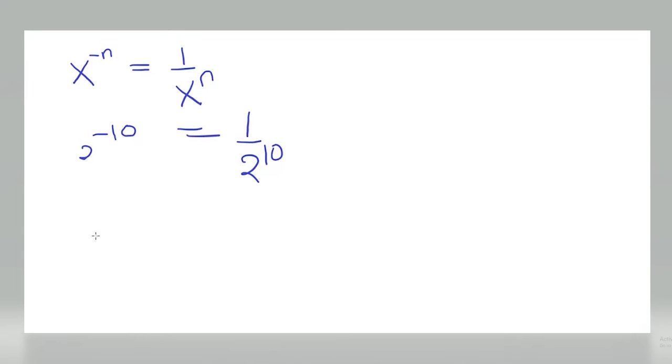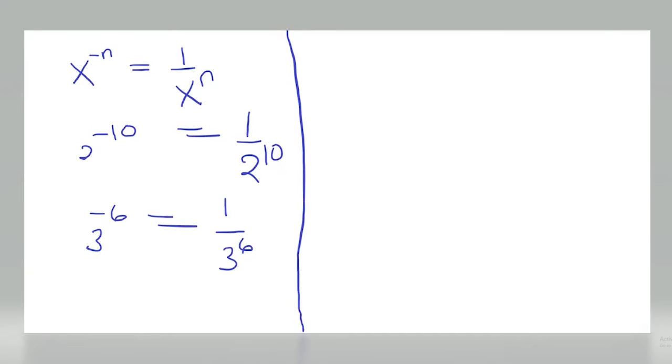Or 3 power negative 6, this can be written as 1 over 3 power 6. Sometimes you can be given a number like 1 over 4 power 2 and asked to write it with a negative exponent. This will be equal to 4 power negative 2.